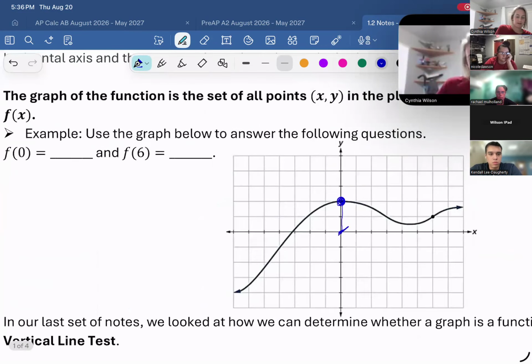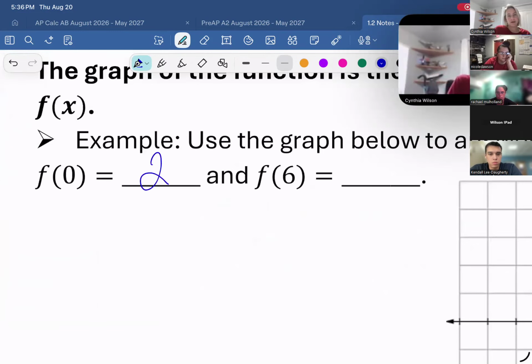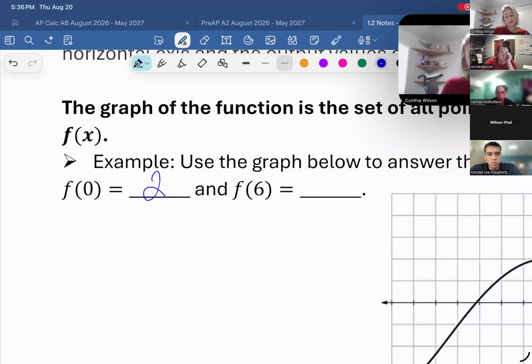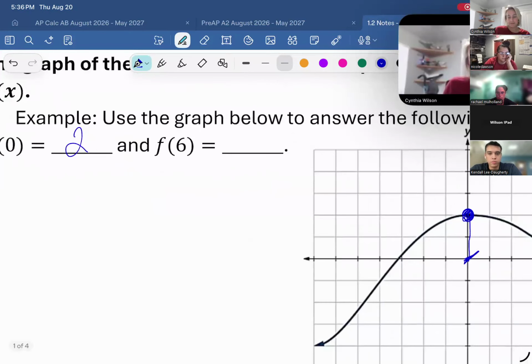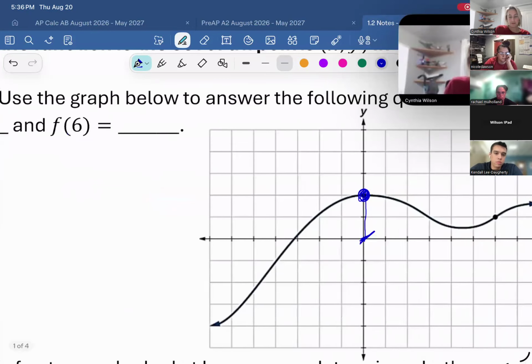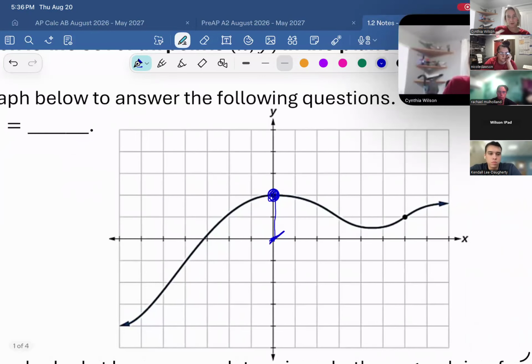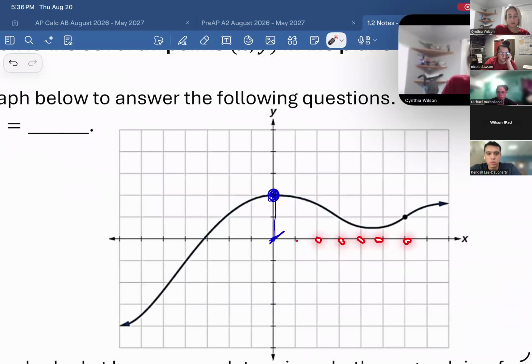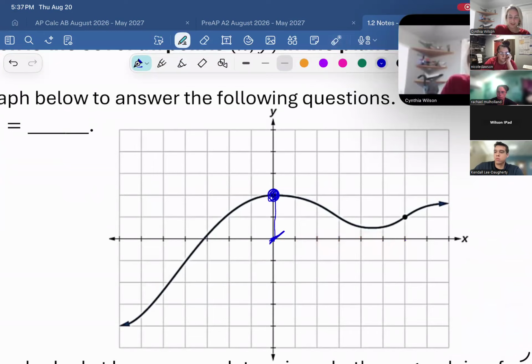Perfect. Follow the same thing with f of 6. Good. So f of 6, as it goes slow, there we go. 1, 2, 3, 4, 5, 6. Yep, there's 6. That y coordinate is a 1.